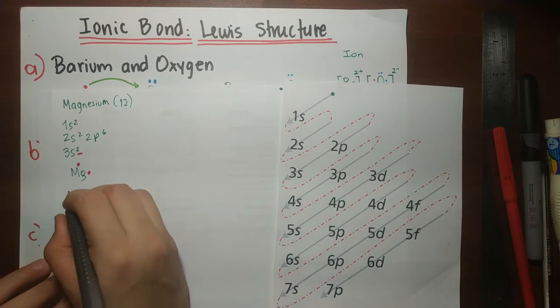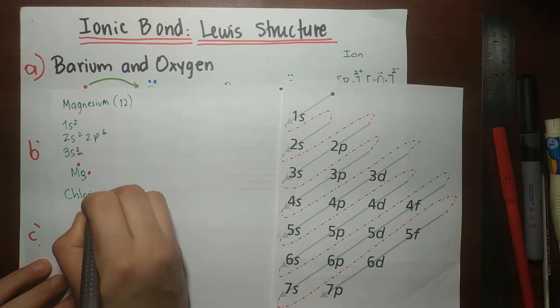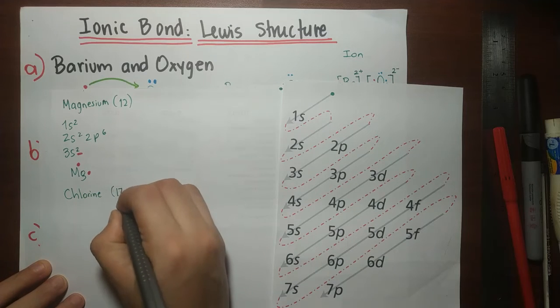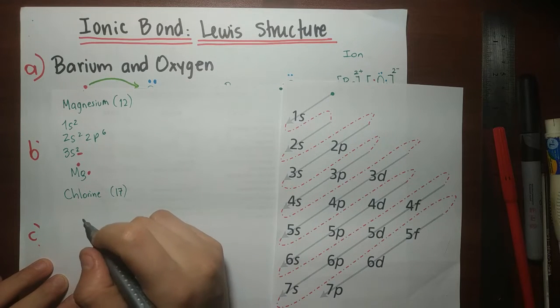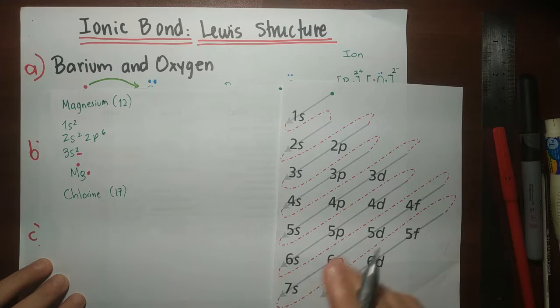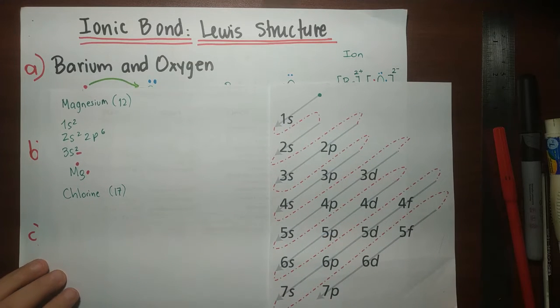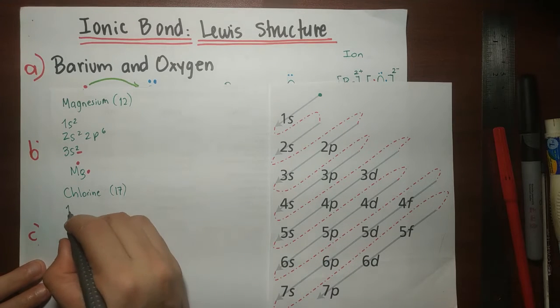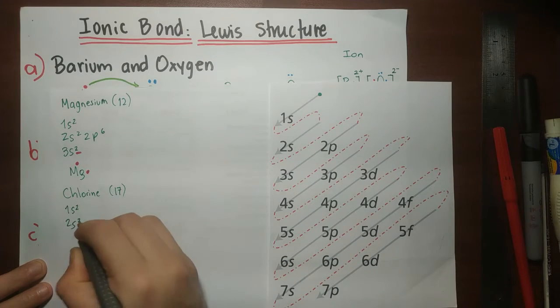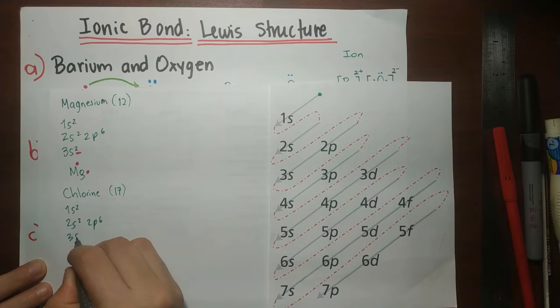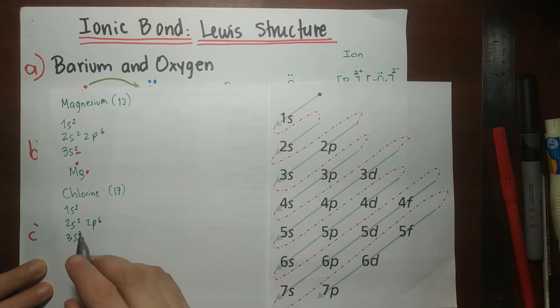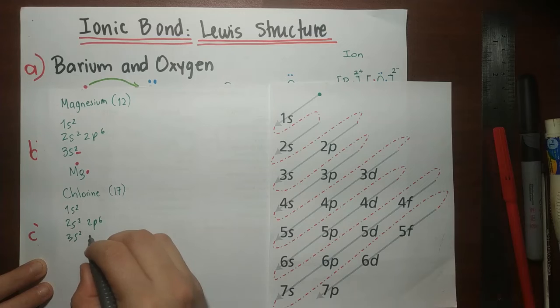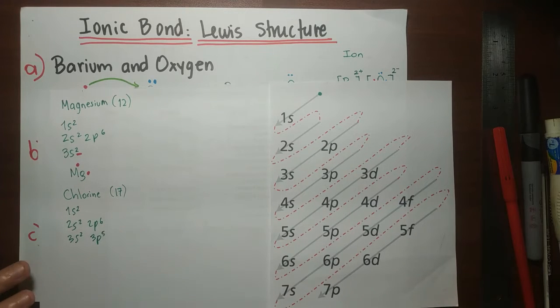We're gonna build the same map for chlorine, which is number 17 if I'm not wrong, and if I am, okay, I'm not wrong. Okay, so let's do the same for chlorine. So I have 1s2, 2s2, 2p6, 3s2. I know I have 12, so I need 5 more. So this is 3p5.